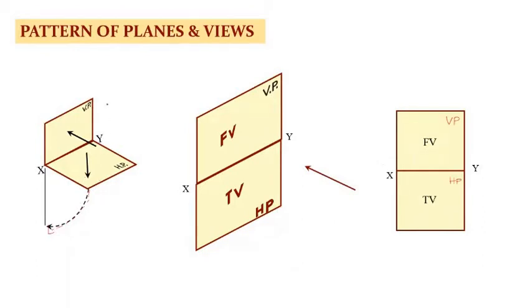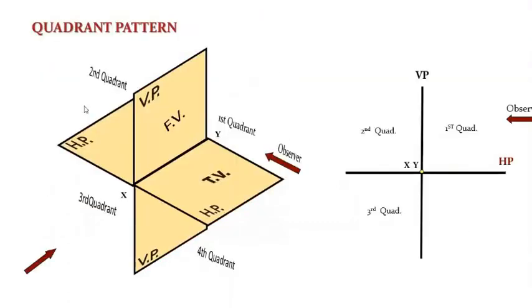So I took only the first quadrant and I rotated this horizontal plane 90 degrees like this in order to make it parallel to the vertical plane. But in order to make it standard, I'll go back to the previous slide. In order to make it uniform, always the horizontal plane will be rotated, always by 90 degrees, and always in the clockwise direction.